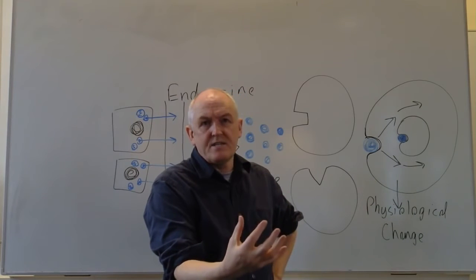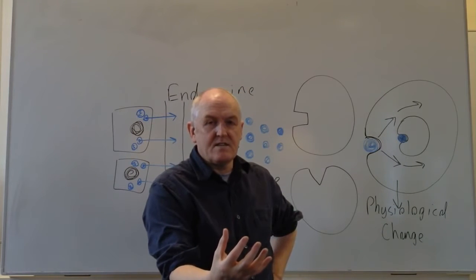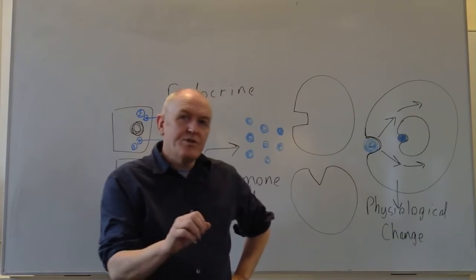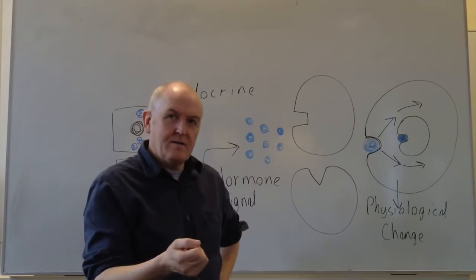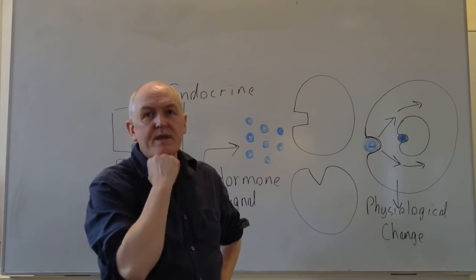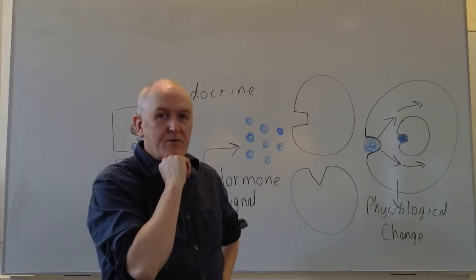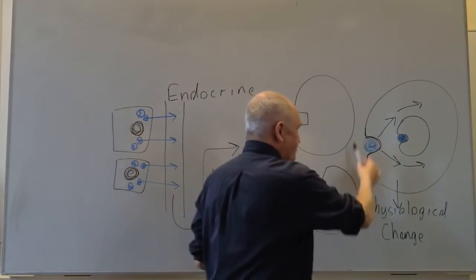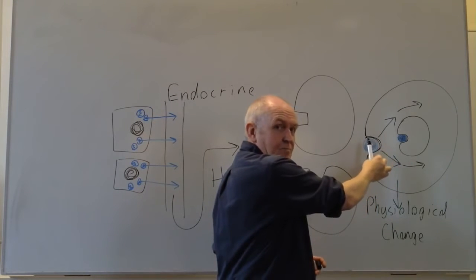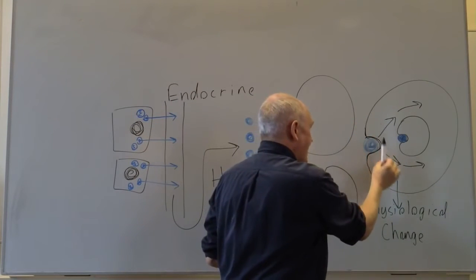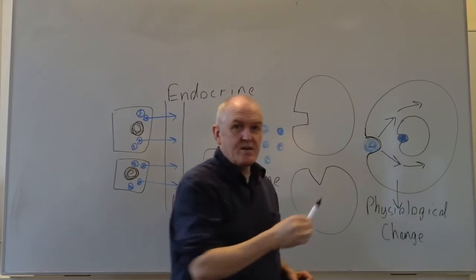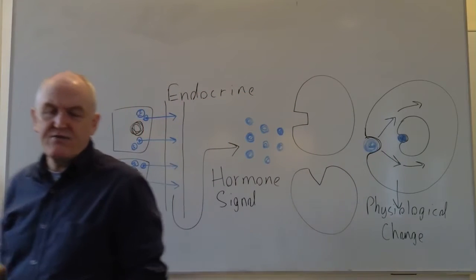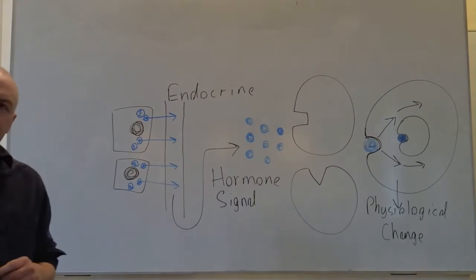The receptor on its own can't trigger changes inside the cell. Any more than a key can open a door without a lock, or a lock can be opened without a key. You need both. Then when you've got both, the cell knows it's time to spring into action, and that combination of the hormone and the receptor, the signal and the receptor, triggers off some physiological change inside the cell.